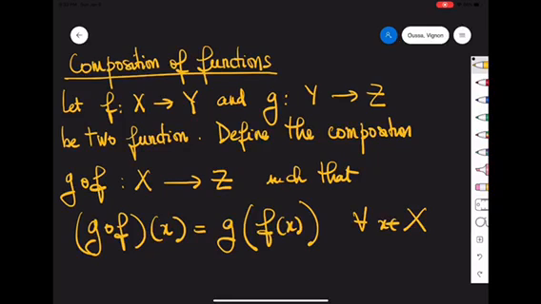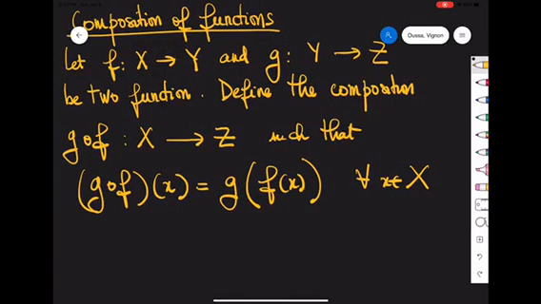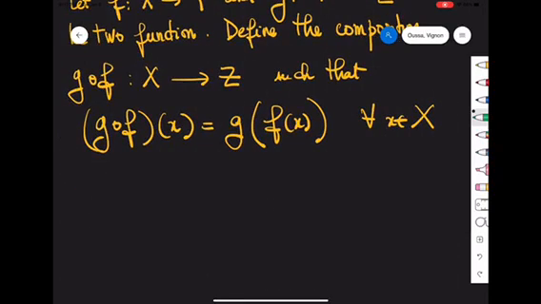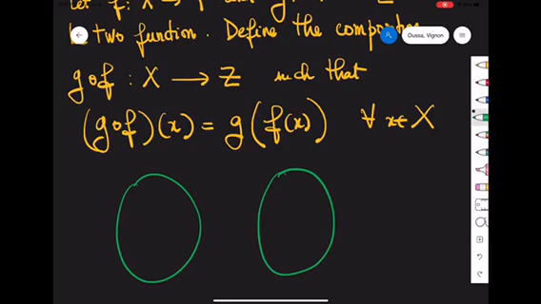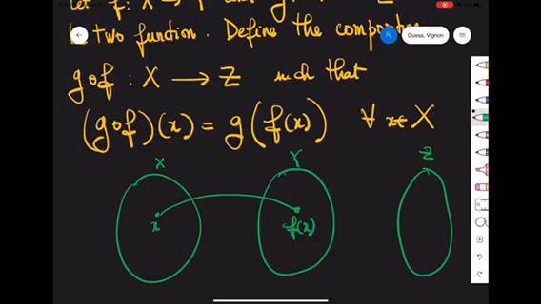Let's see that this makes sense. So if you have your set here, suppose this is X, Y, and then let's say Z. If you take an element here, little x, it goes to f of x in Y. And because g is defined on Y, it will take this element and send it to g of f of x.